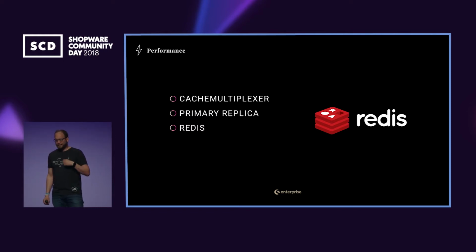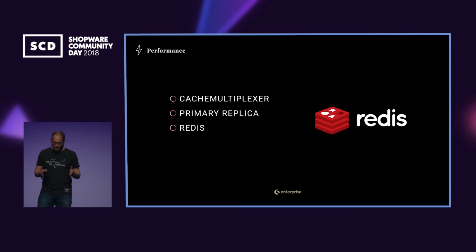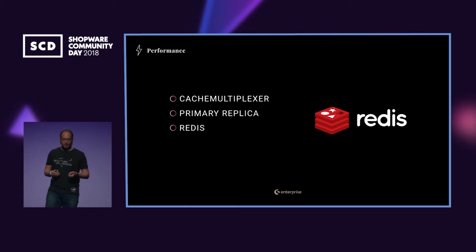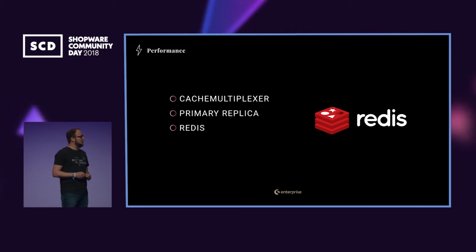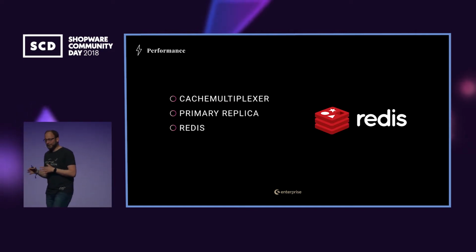Now, to Redis, there is something more important to say, namely another option where we can use it. In the first case, we already heard that several servers can be used, and Shopware will then keep the HTTP cache on all these servers. And now I have a possibility to use Redis as an additional cache.